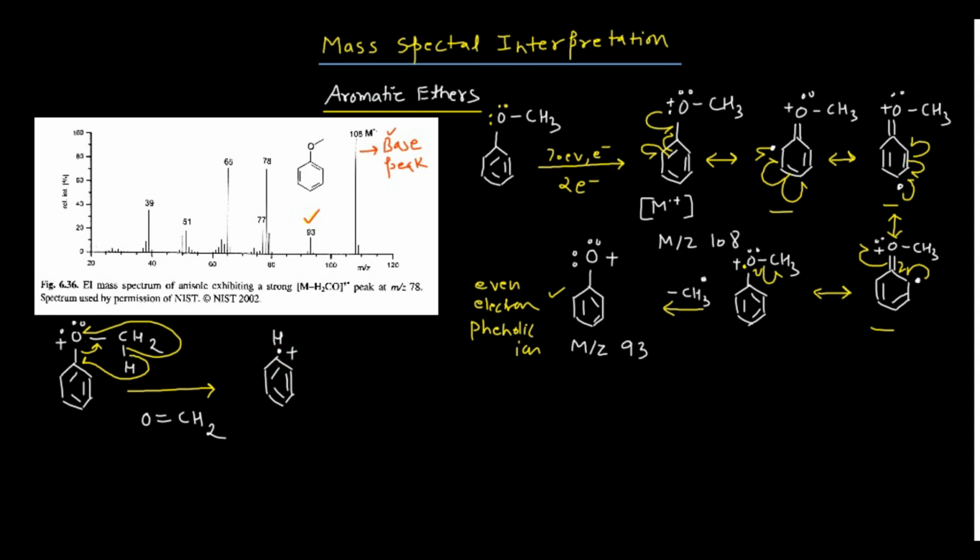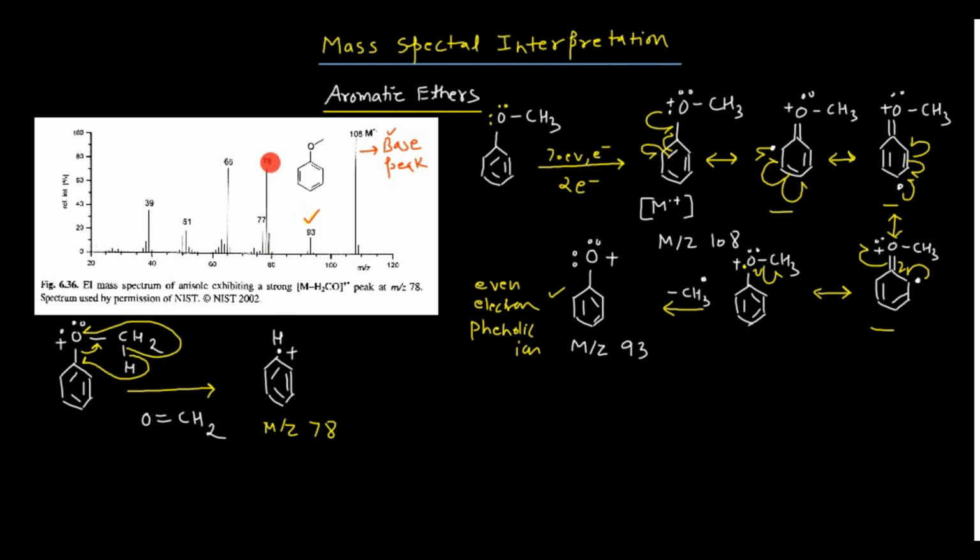That's why I have put it positive over there and I have shown only 1 electron, right? This is electron deficient. And if you count the molecular weight of this, this is nothing but a benzene-like species. And you know the molecular weight of benzene is what? 78. So this corresponds to the M by Z value of 78. And again it will be resonance stabilized, highly resonance stabilized. So its intensity is quite high.